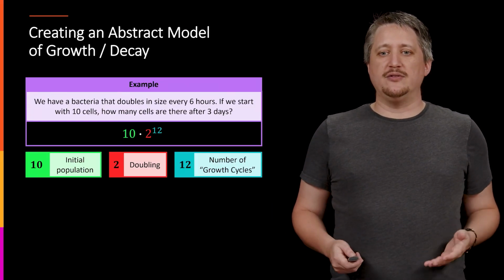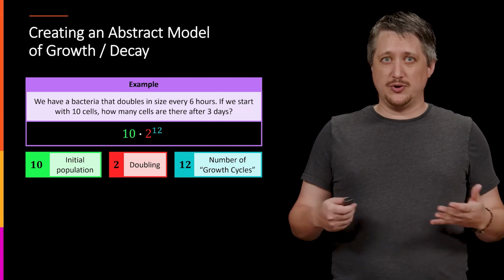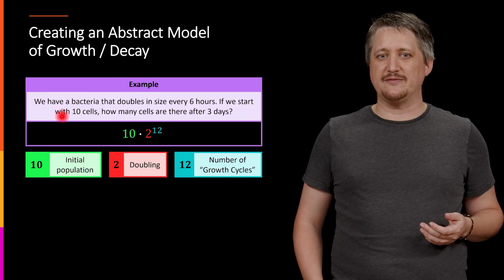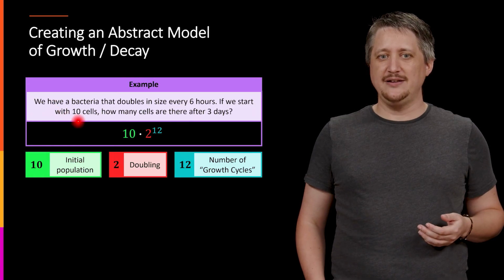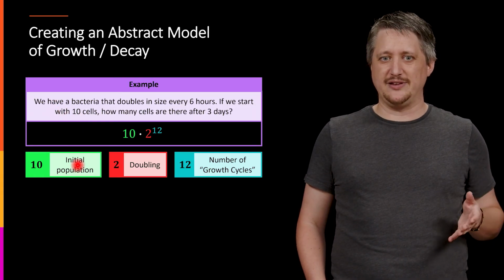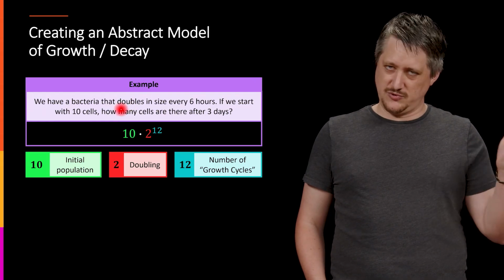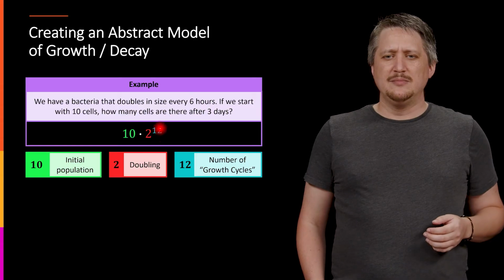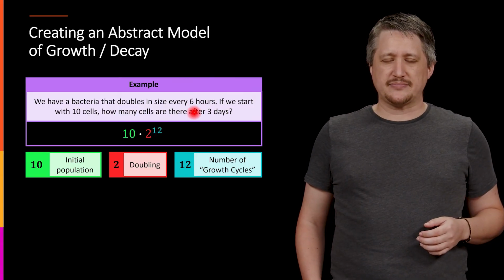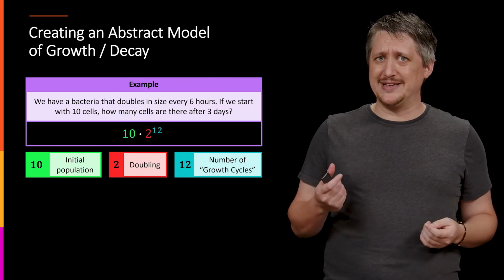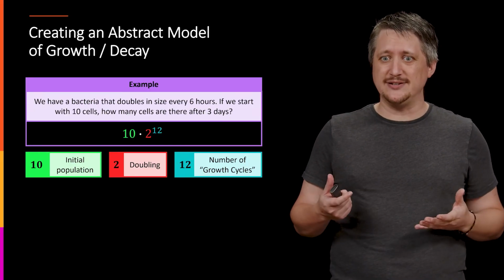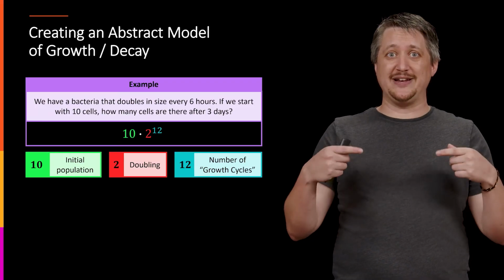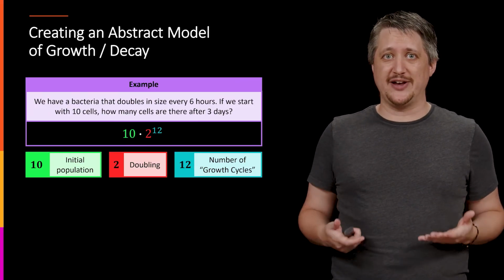Last but not least is 12. Well, 12 was not pulled out of a hat, but it's a little less obvious because it didn't just come from the information directly. 10 was stated right there explicitly, and that's the initial population. Doubling, granted it's a word, but not a huge mental leap to get to 2. But 12 doesn't show up here anywhere. But remembering where we got that 12, the whole idea was that we were tracking how many times we iterated, how many times we grew over the desired time period.